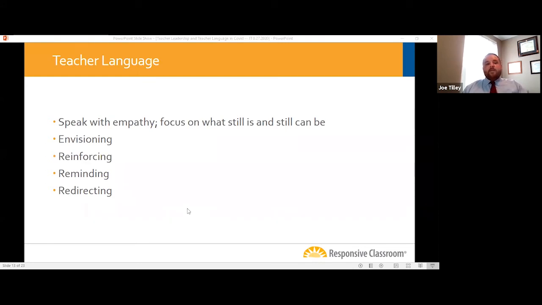And I always think about, I used to do a lot of presenting for the Responsive Classroom, and I would have to travel everywhere. And no matter how many times I got on a plane, I had to hear the same safety announcement. And it was to remind people, make sure you've buckled your seatbelt, make sure you've got your stuff stowed away.